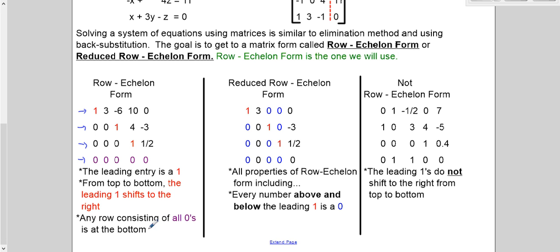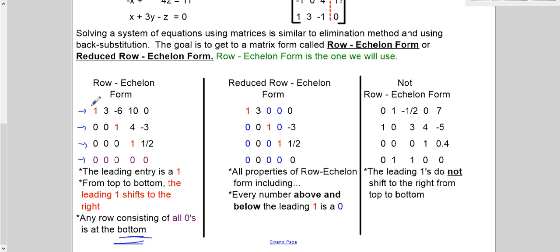And if you're going to have a row of all zeros, it needs to be at the bottom. It cannot be in the middle. The other thing about the ones, if you go from the top row all the way down to the bottom row, these ones are moving from left to right. Starting over here on the left, ending over here on the right.